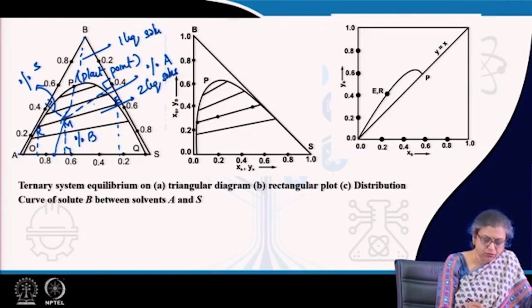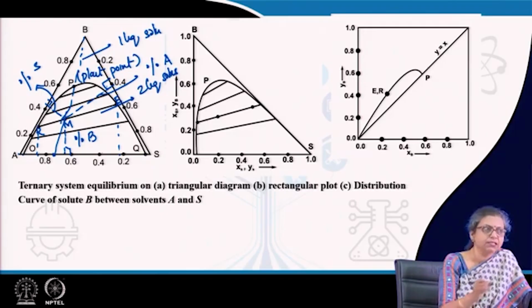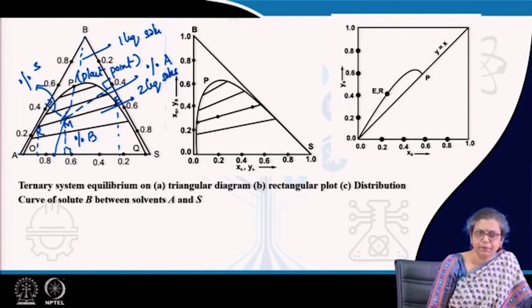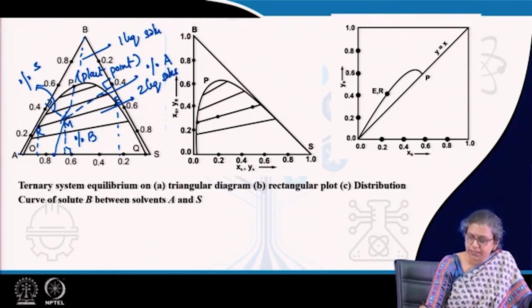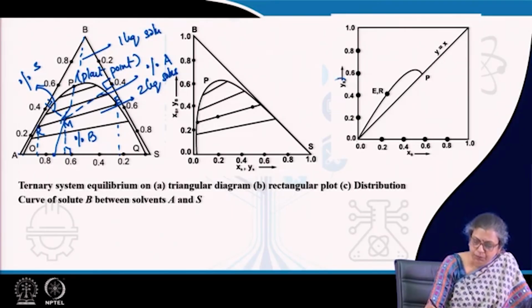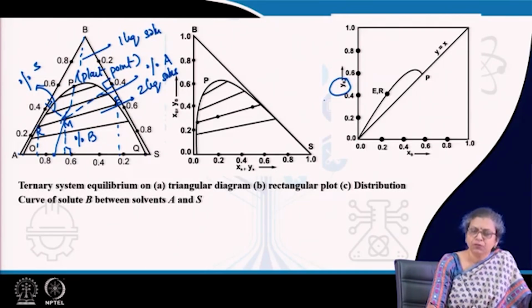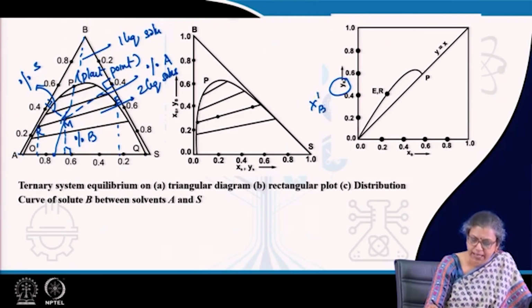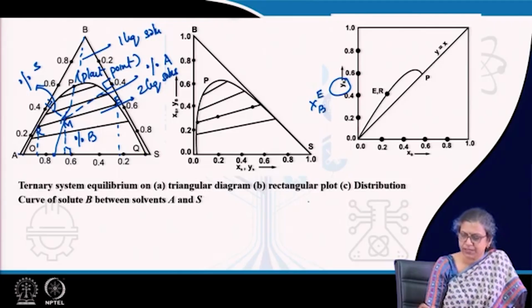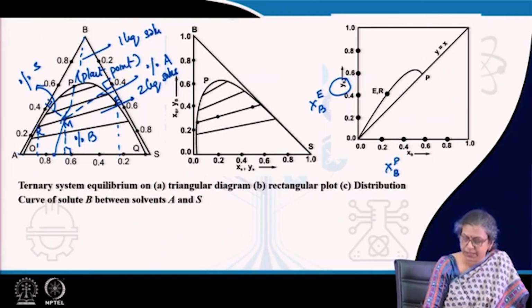Corresponding to the two ends of the tie lines, just as we have drawn in TXY, PXY and other plots, in this case also we can plot the proportion of B in the extract phase. Normally that is shown as YB. You can also denote it as XB in the extract phase, and the proportion of B in the raffinate phase.